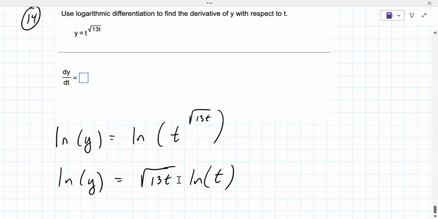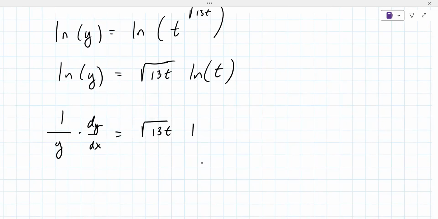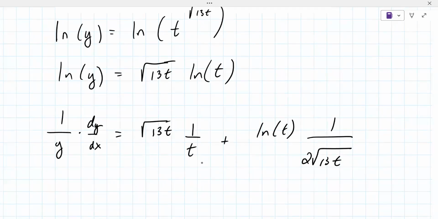It's not the natural log of a number. So on the right, it's actually product rule when you do it. Derivative on the left is 1 over y times dy dx. And so product rule: first times the derivative of the second plus the second times the derivative of the first. Now I'm just doing this because we're running out of time here.